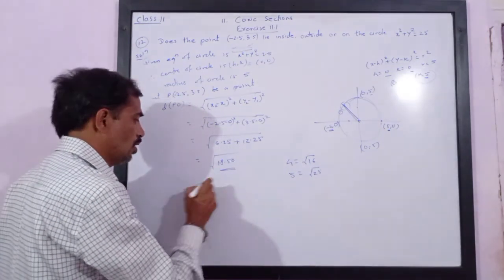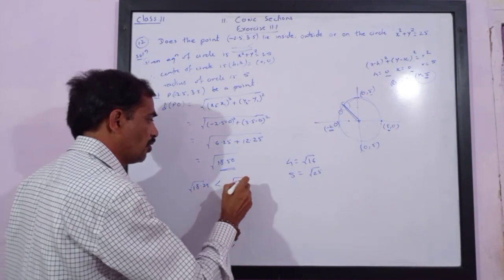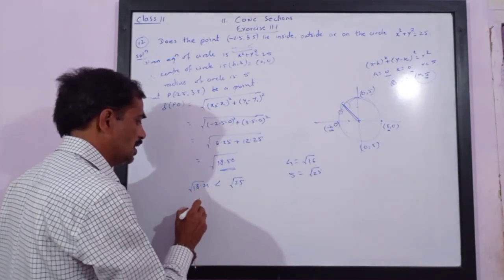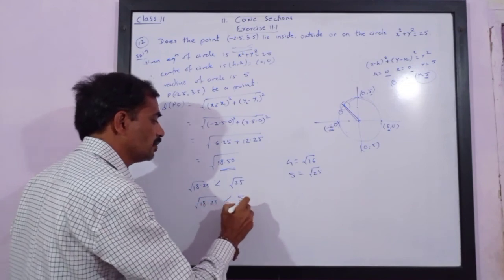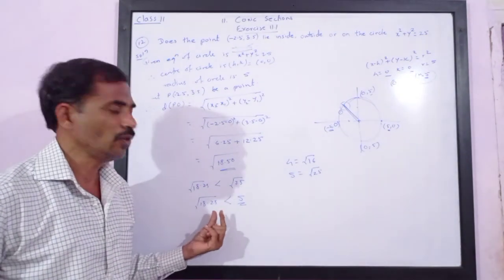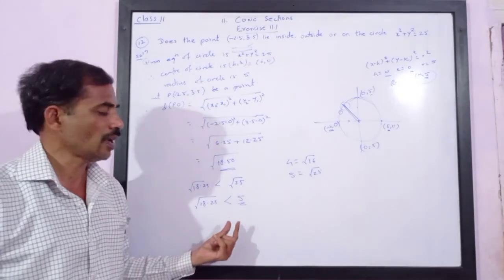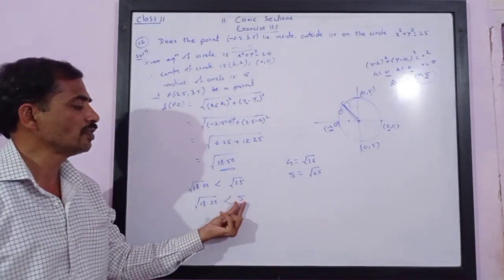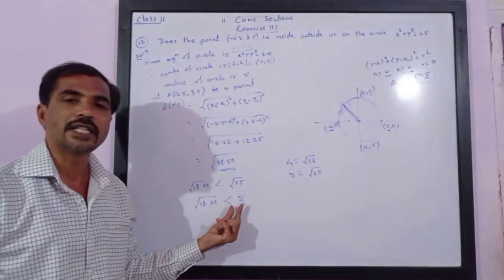That is, this is definitely less than 5. No need to find the square root of 18.25. Don't waste time finding it. We just have to find whether it lies inside or outside. Here we know the radius of the circle is 5 and square root of 18.25 is definitely less than 5.